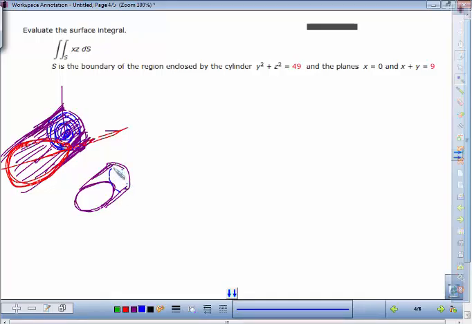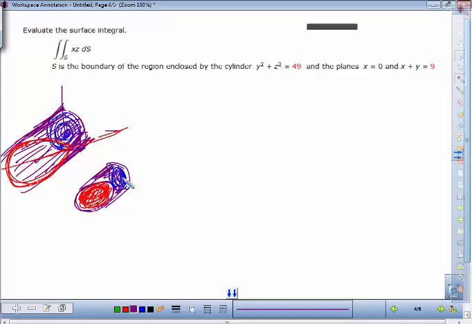Lipstick. Yeah, there you go. Perfect. All right, so this is what we want.